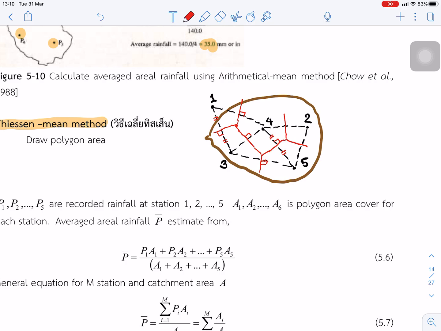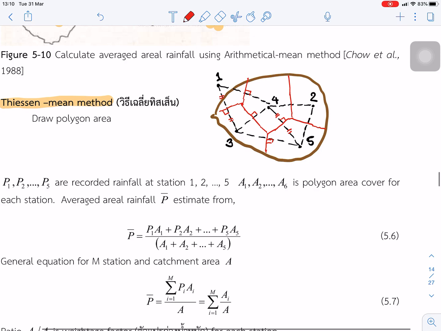Okay, and we can draw the red line to the boundary of the catchment. So we can get the polygon for each station.